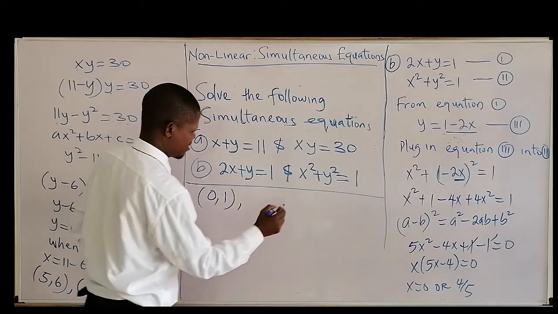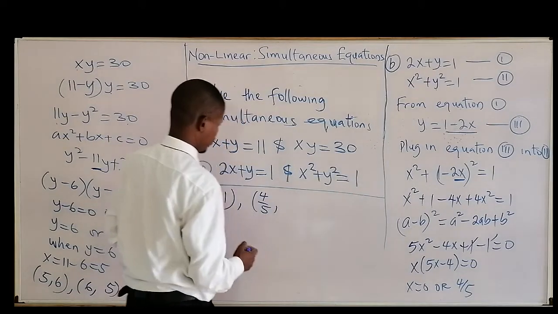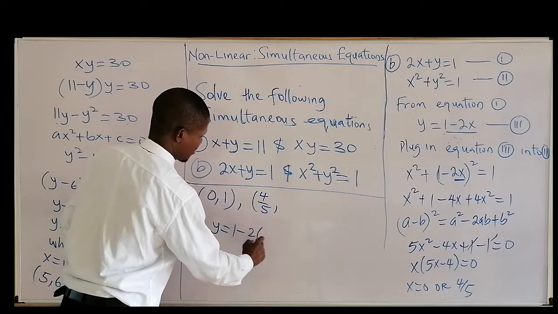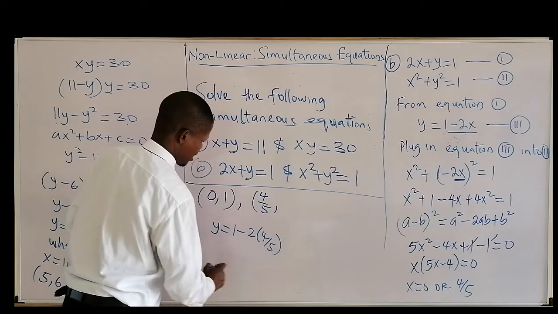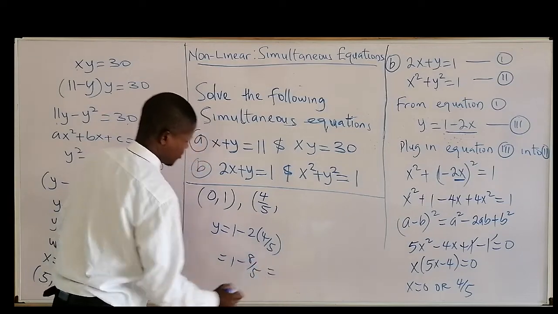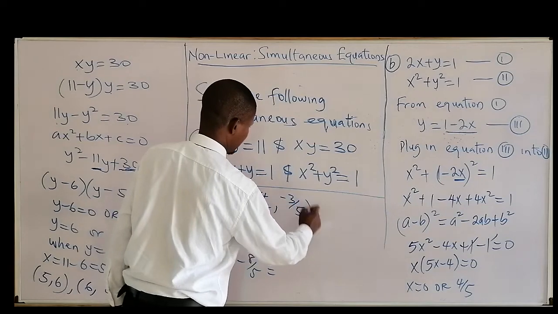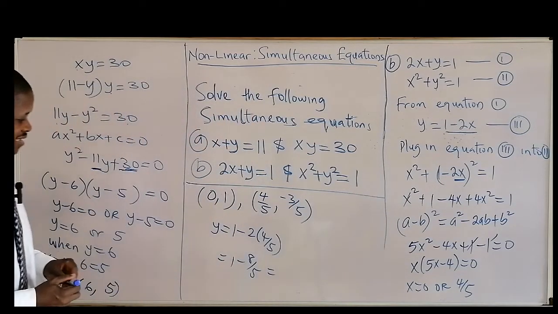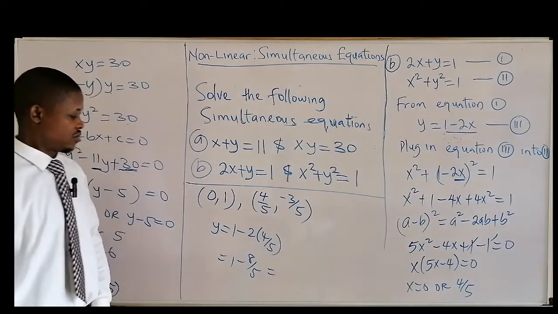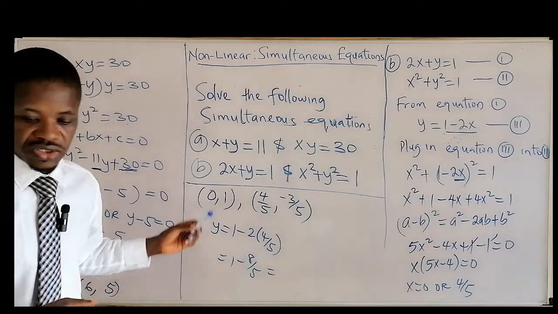Then the second one, when x is 4 over 5, put it in the equation: y will be equal to 1 minus 2 times 4 over 5, which is 1 minus 8 over 5. That's 5 minus 8 over 5, which is minus 3 over 5. So that's that on this question.